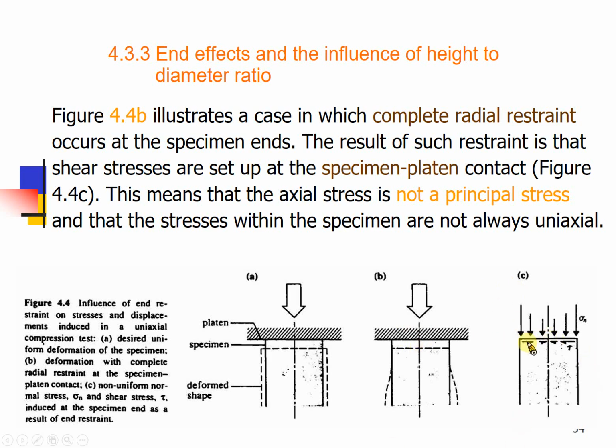If the rock expands while you apply a load like this, you will have a shear stress along the end of the specimen, at the boundary of the specimen. So this will be the so-called end effect.